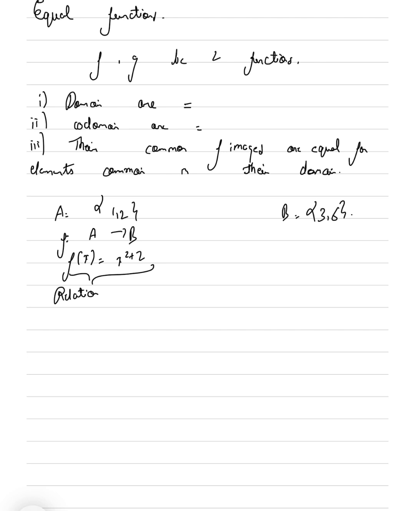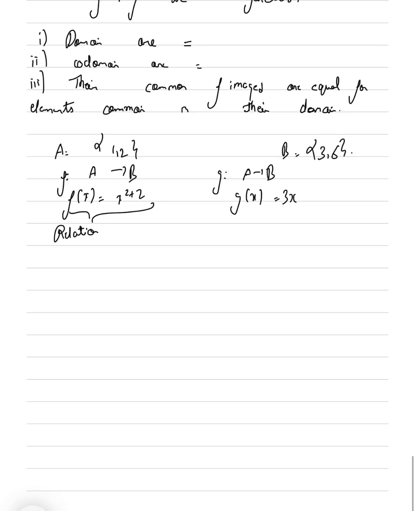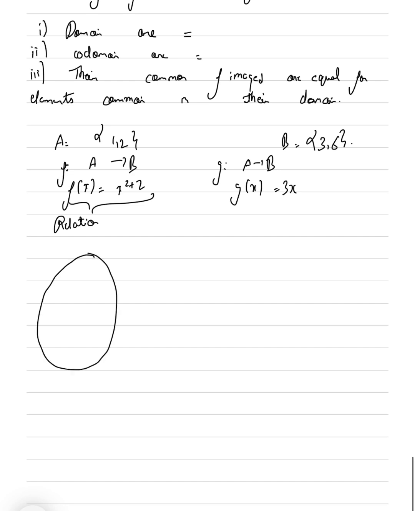And you have g here, another function from A to B, and we write the relation of g as g(x) = 3x. So if you have set A and set B, with 1, 2, and you put the value in f(1), you get 1 square plus 2, which is 3.